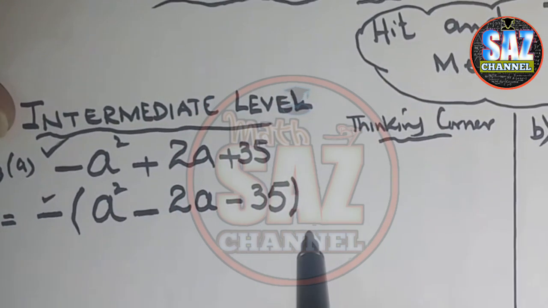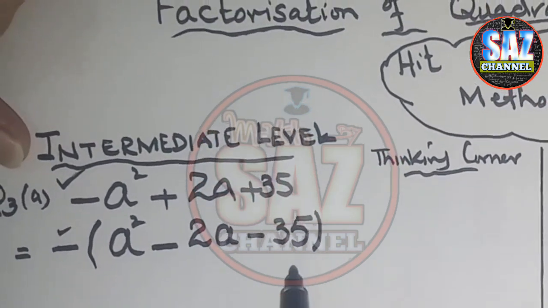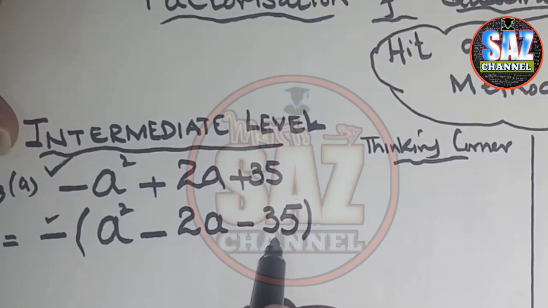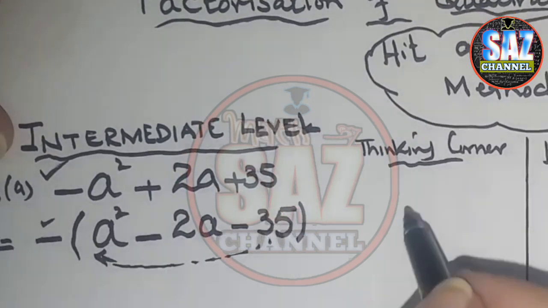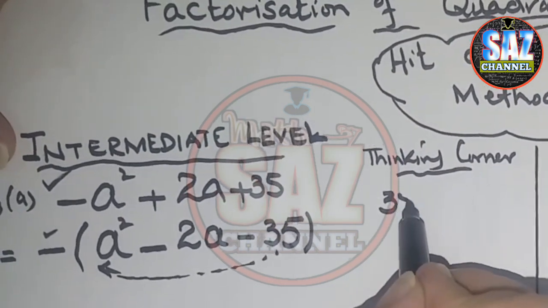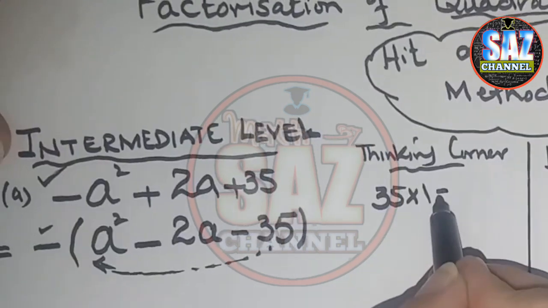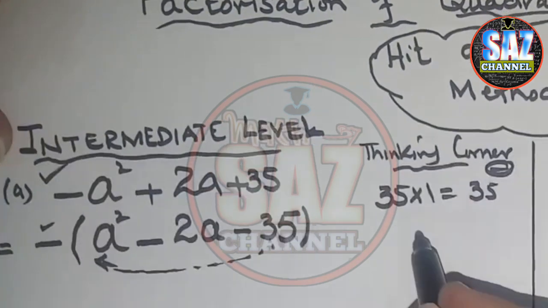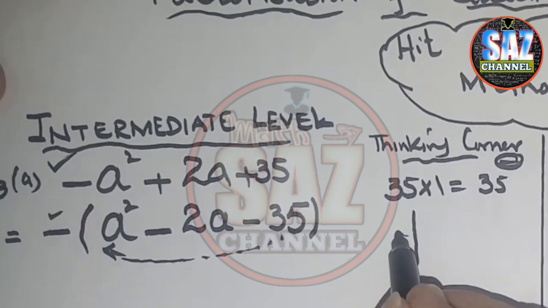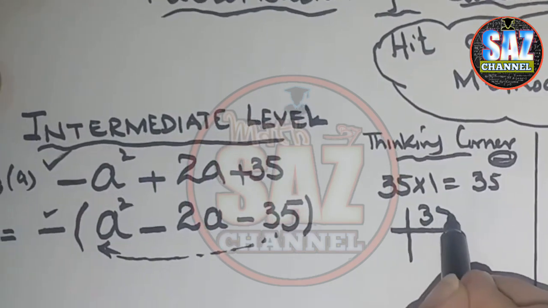Now we can see that our expression is in standard form. Recall my previous video on how to factorize this expression. We have to multiply the constant with the coefficient of the square term, that is 1. 35 multiplied by 1 gives 35 with the minus sign. Now I have to make prime factors of 35.